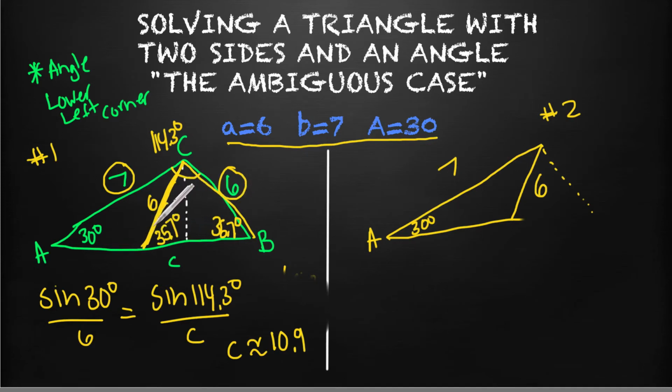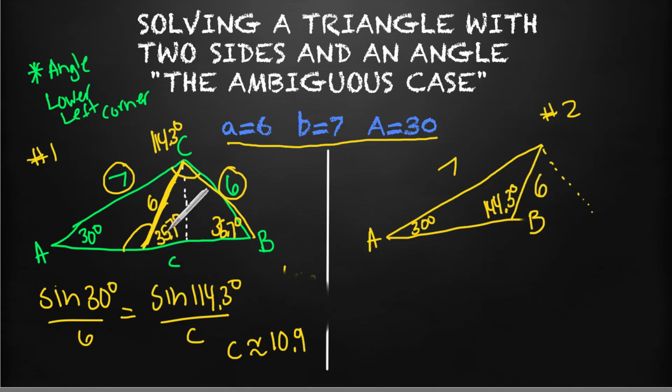Now, notice that this forms a line, so this angle right here should be 180 minus 35.7 because they are supplementary angles. So if we write in angle B, we now know that angle B is simply going to be 144.3 degrees.